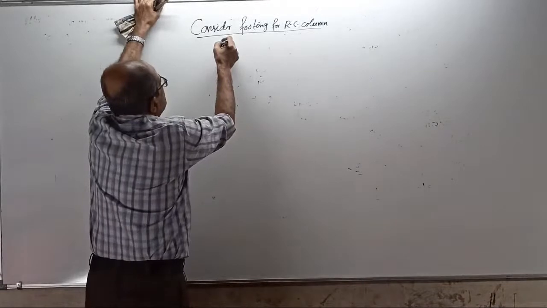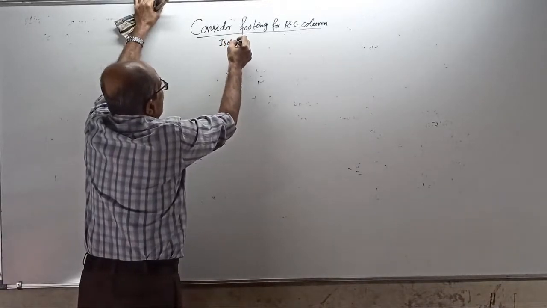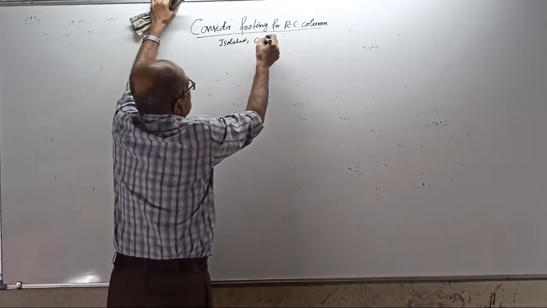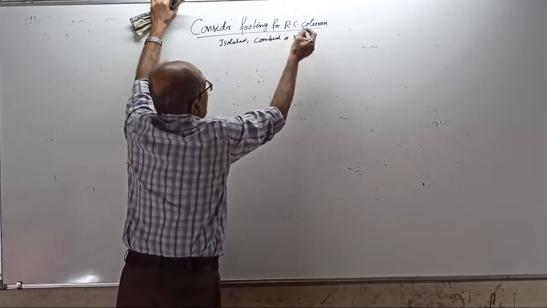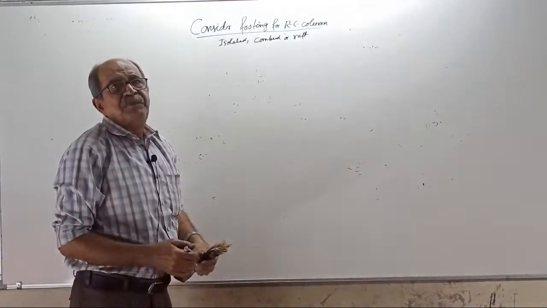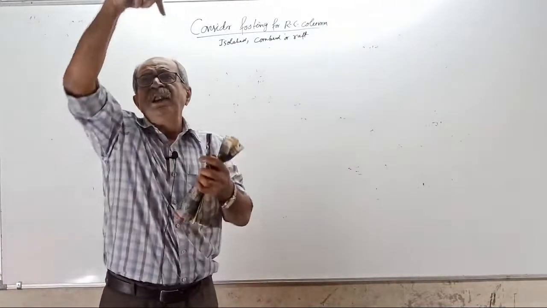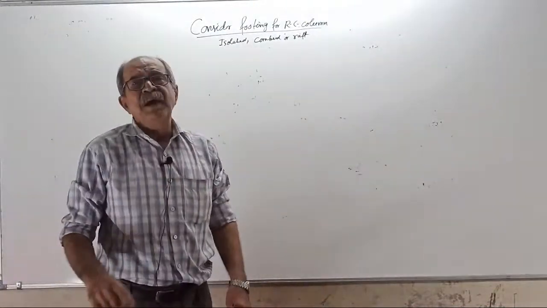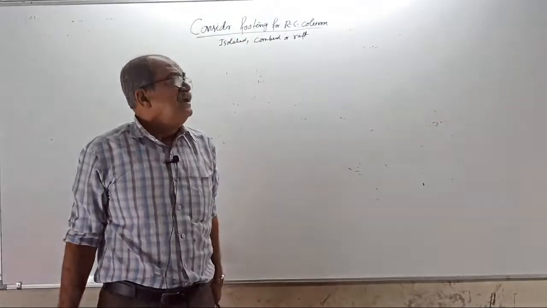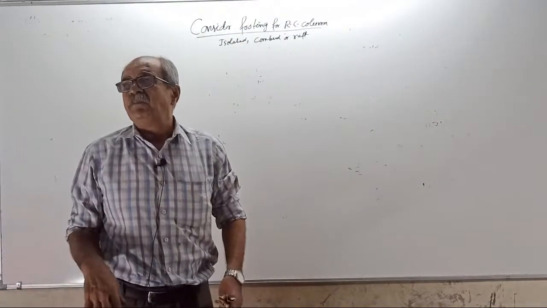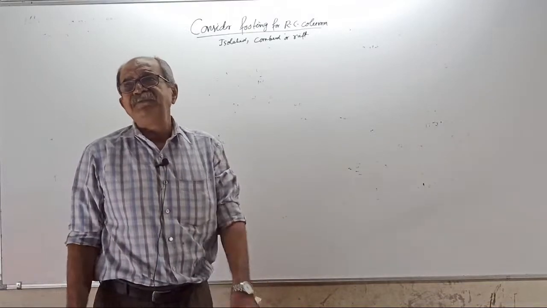It can be isolated, or it can be combined footing, or can be raft. Whatever, no problem. If it is isolated footing, only one column load. If it is combined footing for two columns, two column loads with moments. If it is raft footing, multiple columns. But finally, we are replacing by a single load.